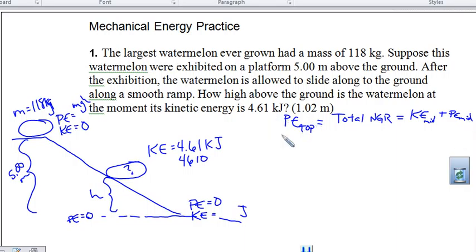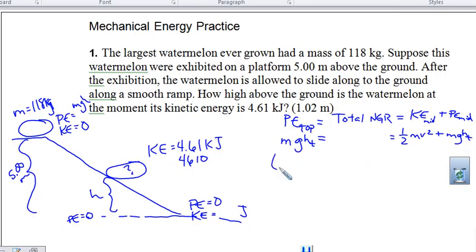Now I can put in formulas: mass times gravity times height for the top, equals 1/2 mv squared for the kinetic energy, plus mass times gravity times height, but beware that this is not the same height as at the top, so that is not going to be the same value.